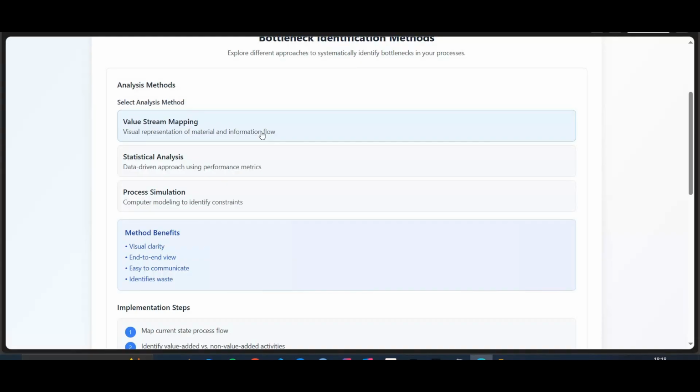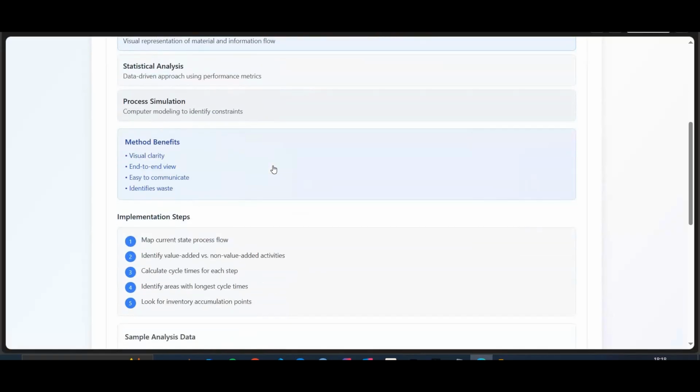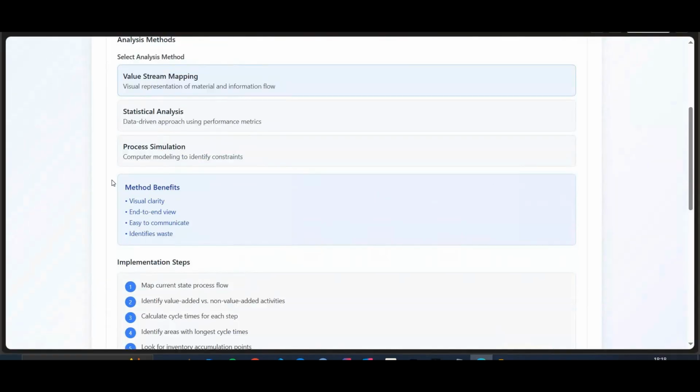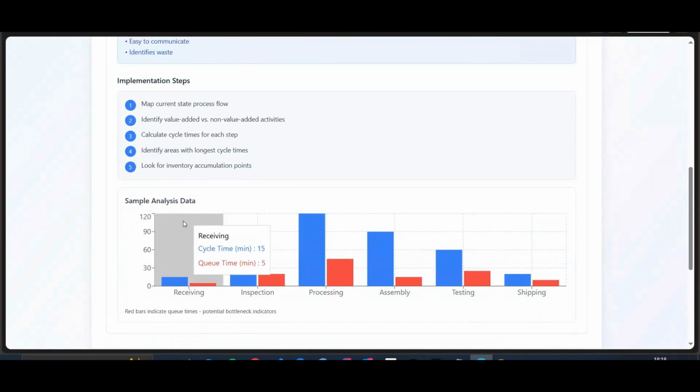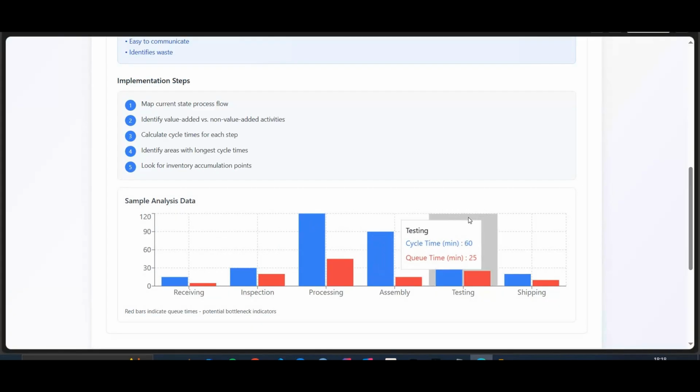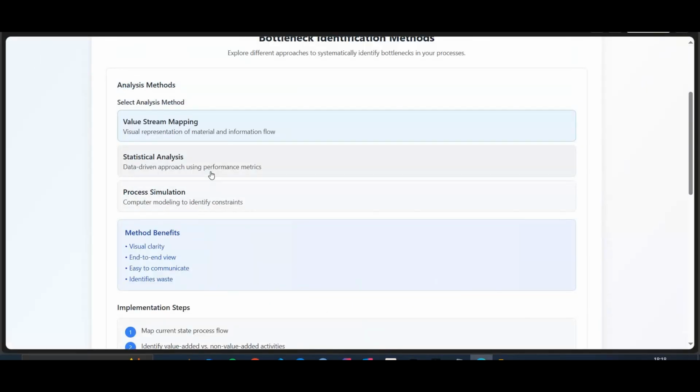A chart often helps highlight this. When you see one step with both long cycle times and large queues, that's a strong indicator of a bottleneck. Here we can see our chart: inspection, processing, assembly, testing, and shipping.